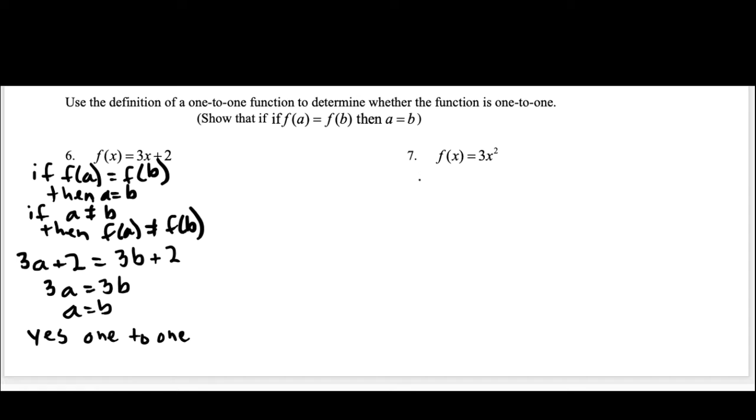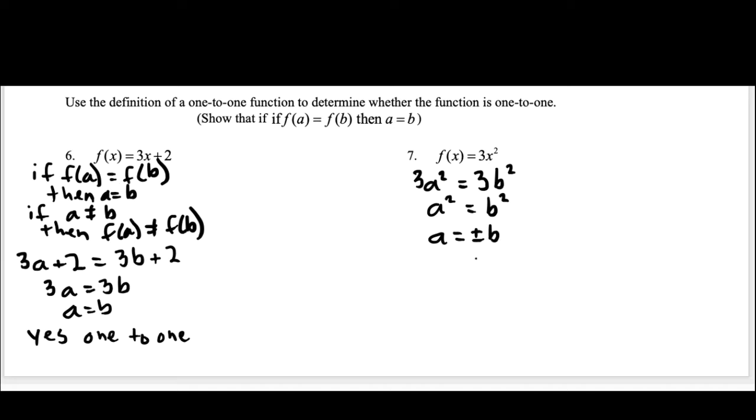Let's try something similar. F of A would be 3A squared. F of B would be 3B squared. If I divide both sides by 3, I get A squared equals B squared. And then if you take the square root of both sides, you would get A equals plus or minus B, right?